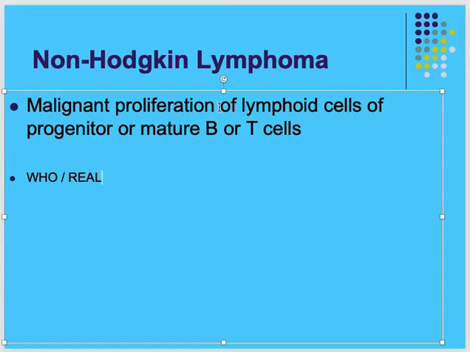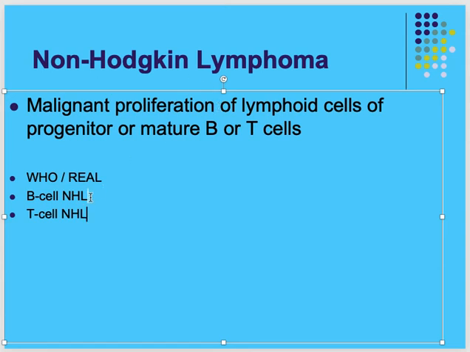Now non-Hodgkin lymphoma can originate from B cells, T cells, or natural killer cells. So one way of classification is simply B cell non-Hodgkin lymphoma, and then T cell non-Hodgkin lymphoma.